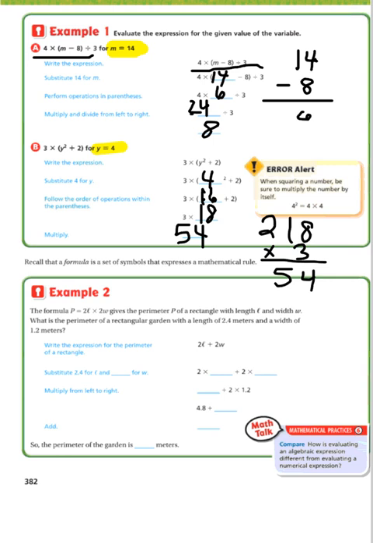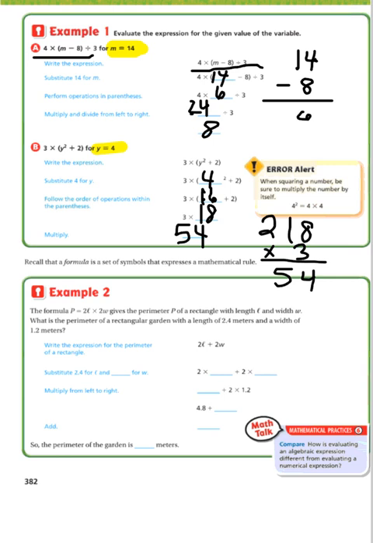Example 2. The formula P equals 2L plus 2W gives the perimeter P of a rectangle with length L and width W. What is the perimeter of a rectangular garden with a length of 2.4 meters, or 2 4/10 meters, and a width of 1 2/10 meters?